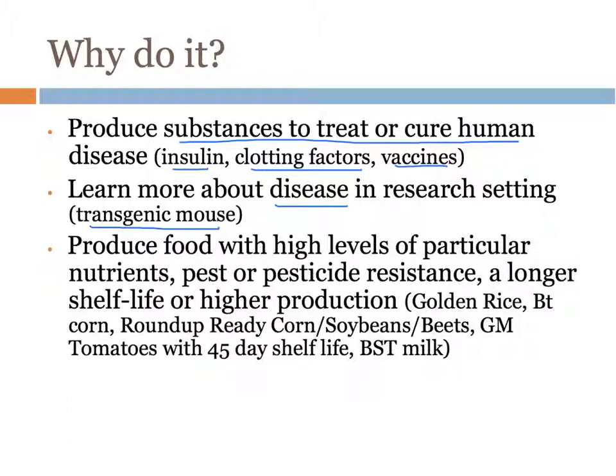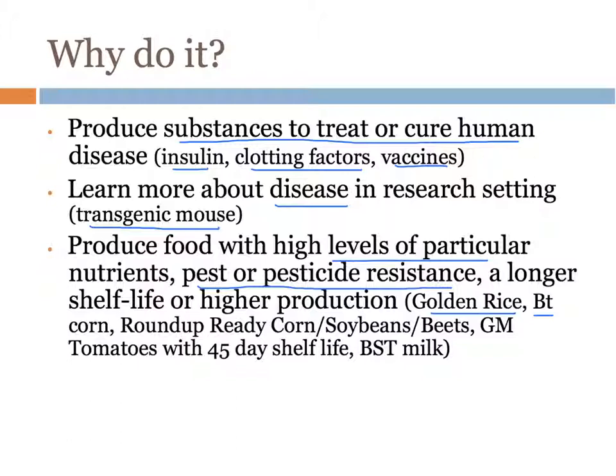And then in the agricultural setting, the choices have been made to try to produce foods that have a high level of a particular nutrient. An example of that would be something called golden rice, which contains the precursor beta-carotene, which makes vitamin A when someone eats it. It's a brand new product that's just starting to be introduced in parts of the world where children suffer blindness because not enough vitamin A is taken in. There are a number of commercially grown products that have pest or pesticide resistance built into the plant.